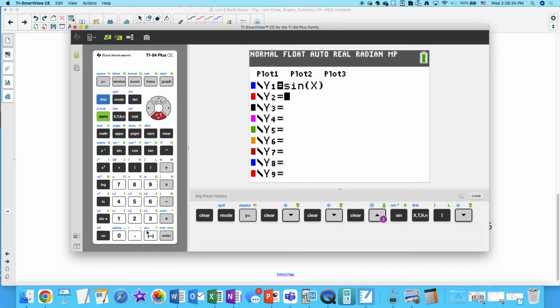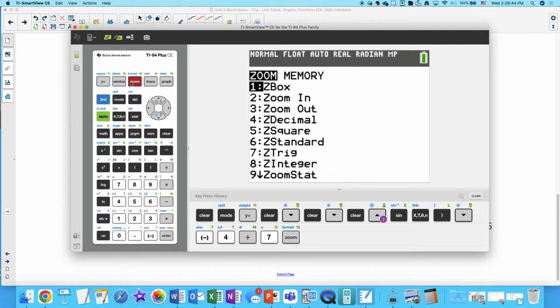Now, before you hit graph, go to Zoom. There is a built-in setting for trig, and on the TIs, when you're in the radian mode, that setting goes from negative 360 to 360.